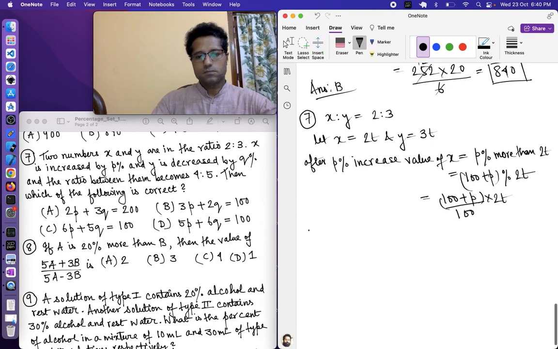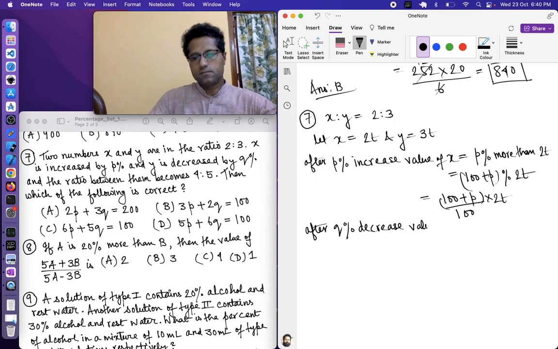Similarly, after q% decrease, value of y will be equal to q% less than y was 3t.